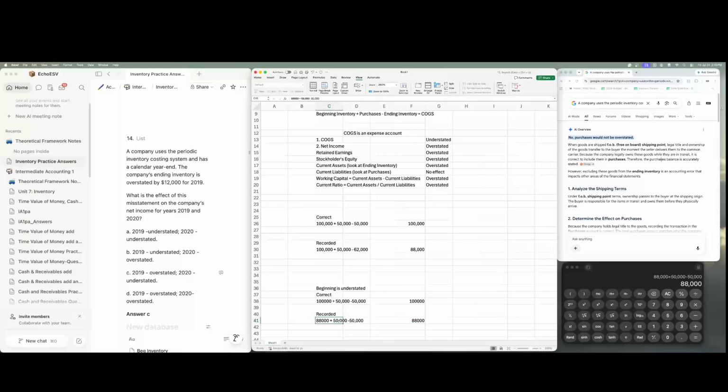Well, the thing is, if the beginning inventory was understated, then it is safe to assume that the ending inventory would also be understated, unless I'm wrong. It just makes it even more understated.